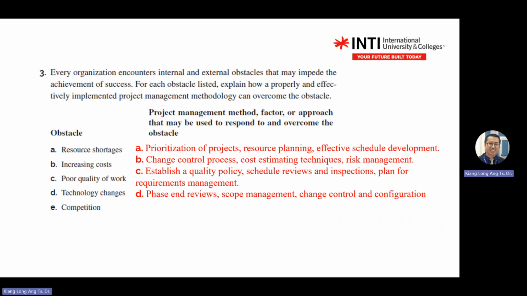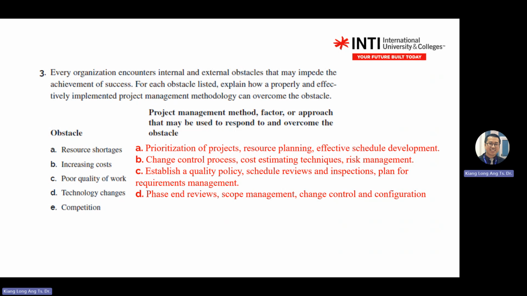It happens in any electronic devices, right? Or in automotive also the same. When new technology comes, there will be a price drop in the old model. So you need to discuss with the customers on the scope of management. It means when you launch a new model, for the existing model, do we want to keep the configuration and all these things? So this one you need to do.